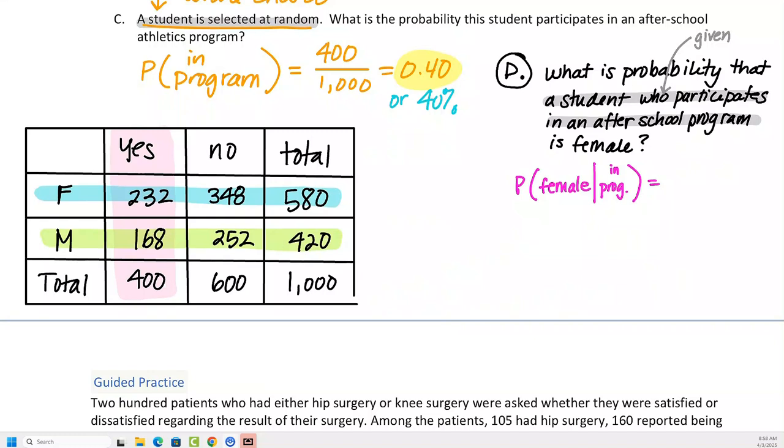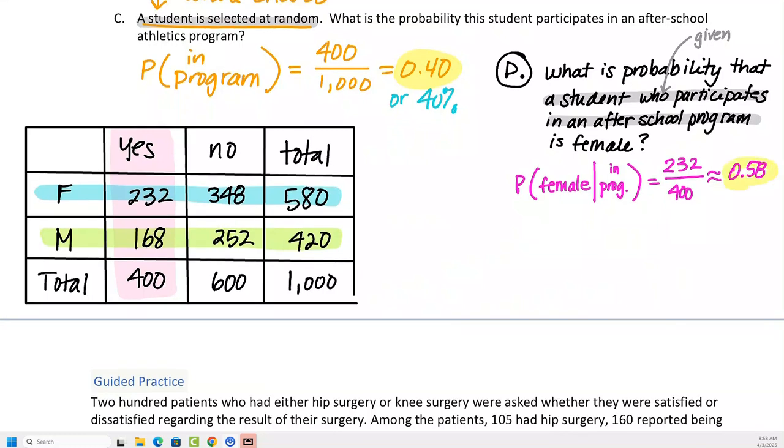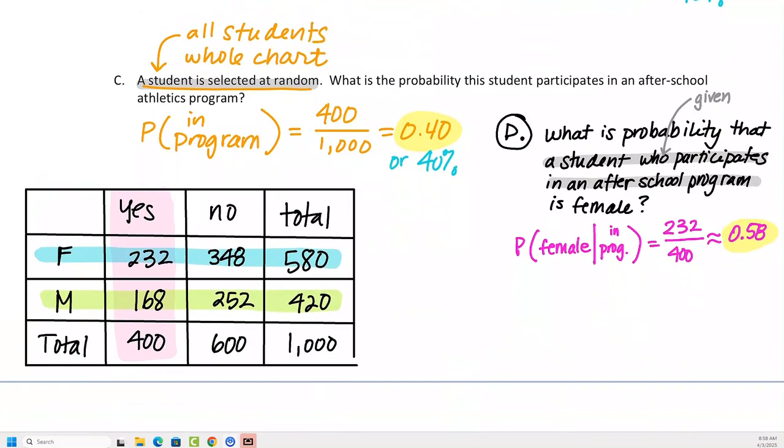So how many in that column are females? 232, right? Out of how many are in the program? 400. So when I calculate this, this is going to be 0.58, or 58%, right? Okay, are we good with that?